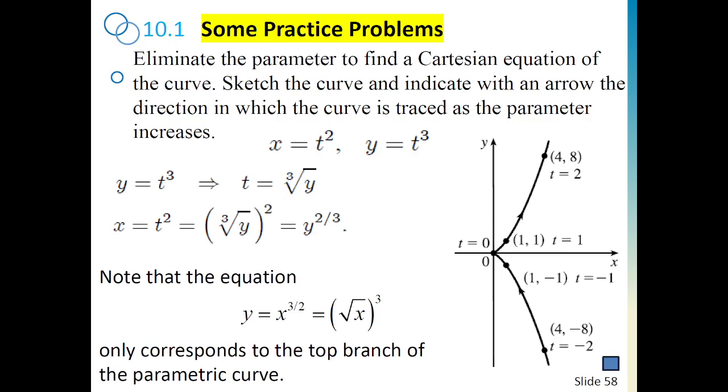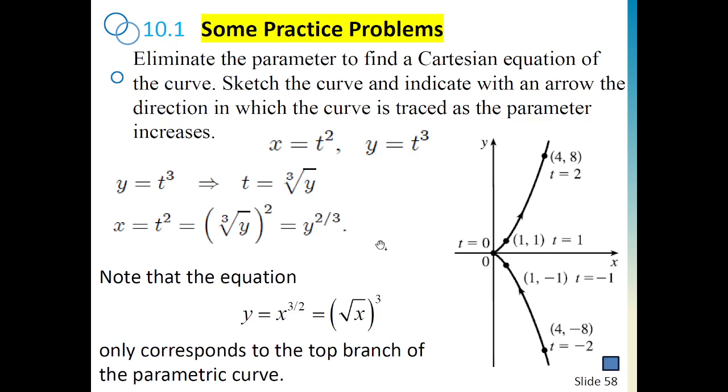So this is not actually representing our parametric curve, because in this expression x is positive and y is positive, so we are only on one part of the curve actually. That's how we know that this is not the correct expression, because x is positive but y can be positive or negative depending on the values of t. So our natural tendency will produce something that is not actually the correct curve. It will just give us one branch of the curve.